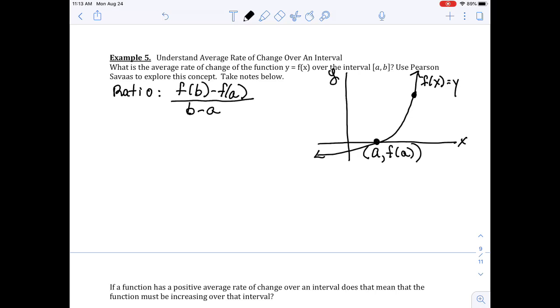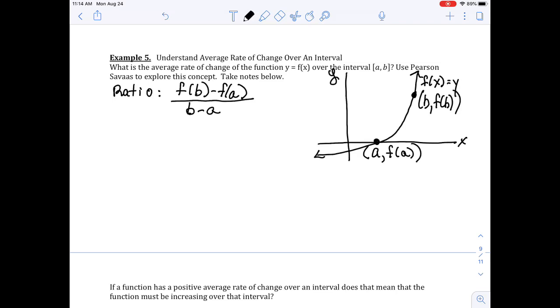So in order to figure out what that point was, we would take the x value and substitute it into the function rule, and we would get the y value, and we would plot the point. But since we're talking about a general function rule, we would identify that point as a comma f of a. This point then we're going to identify as b comma f of b. In other words, a different input for that function.